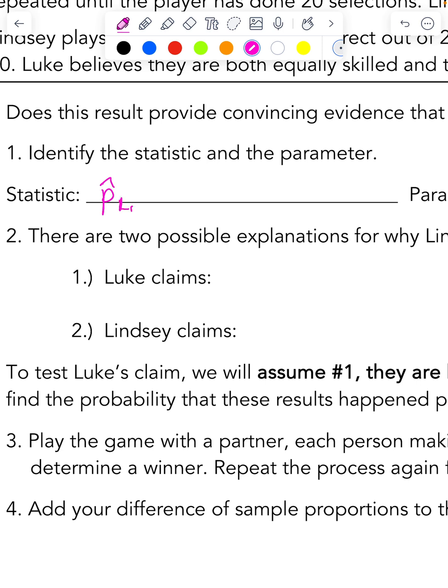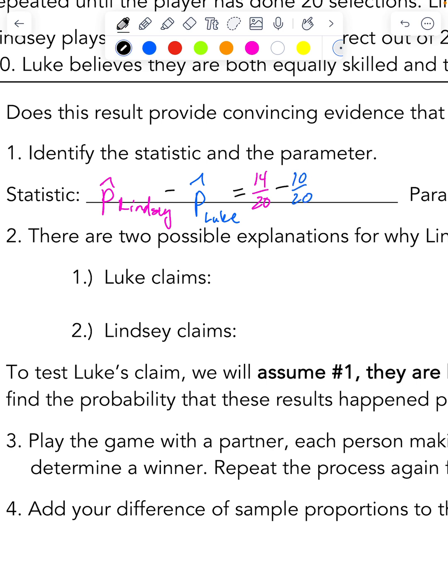So, I'm going to call it P hat Lindsay minus P hat Luke. So in this case, that's going to be 14 out of 20 minus 10 out of 20.